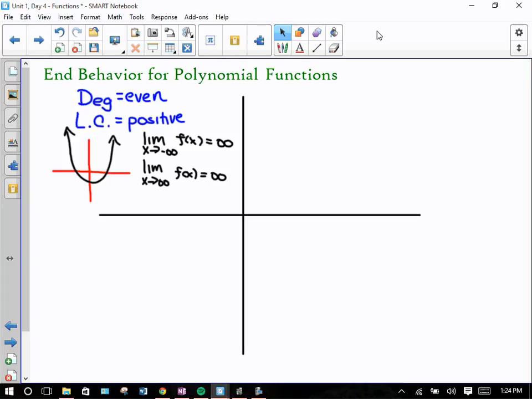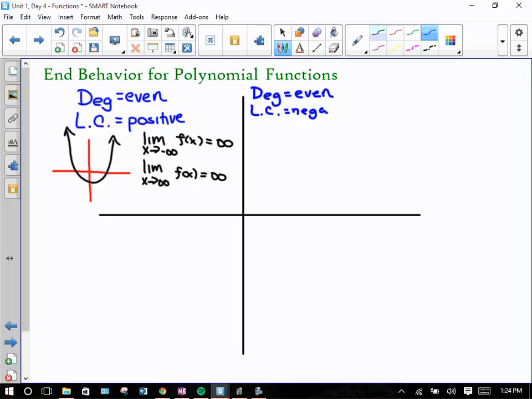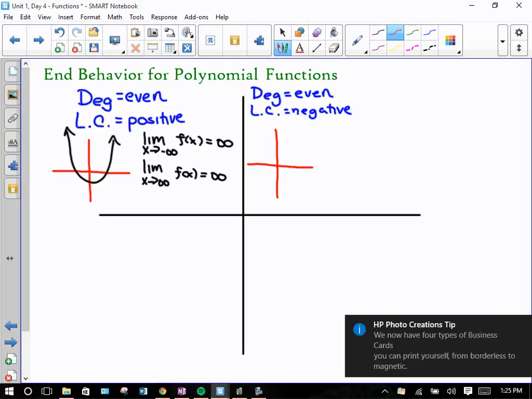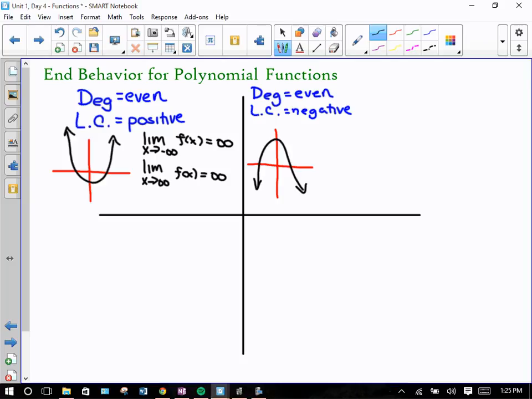There's 4 different ones. So, I could also, just like in the problem we just looked at, have a degree that's even, and a leading coefficient that is negative, and I'm going to get a graph that looks something like this. Again, I'm only talking about the end behavior.